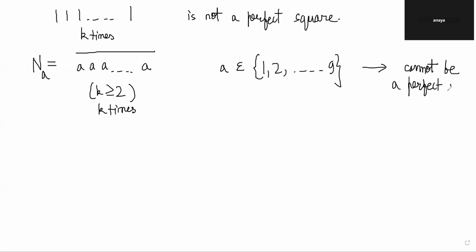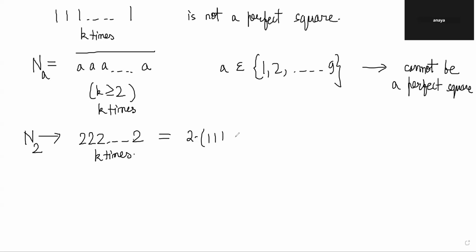Okay, so start with N2. Think of N2. Basically, you have 2, 2, 2 like this. What you should realize is N2 is obviously equal to 2 times 1, 1, 1, and so on.